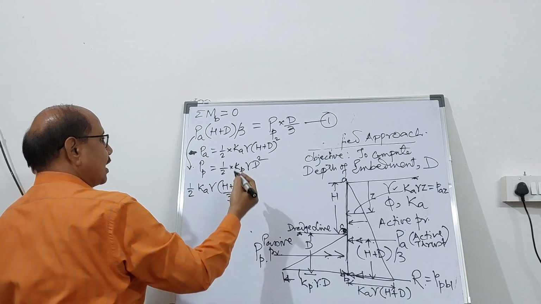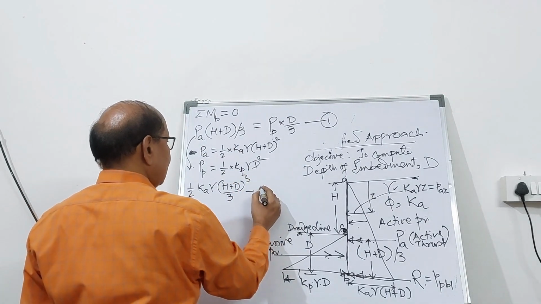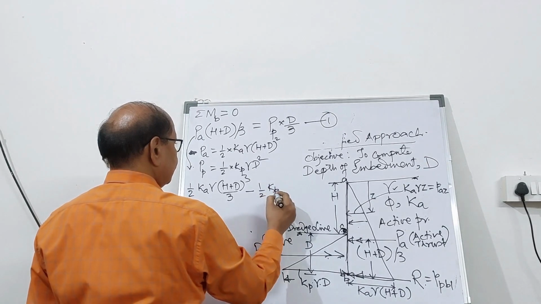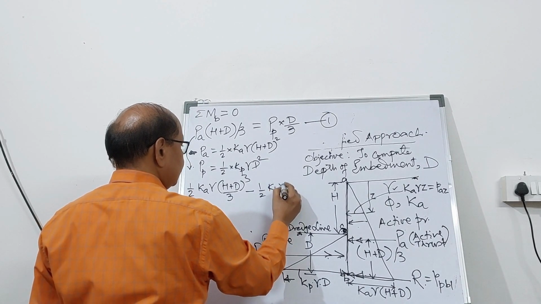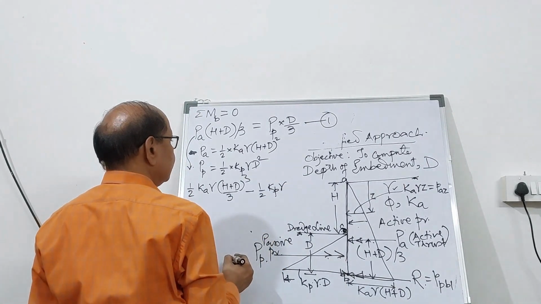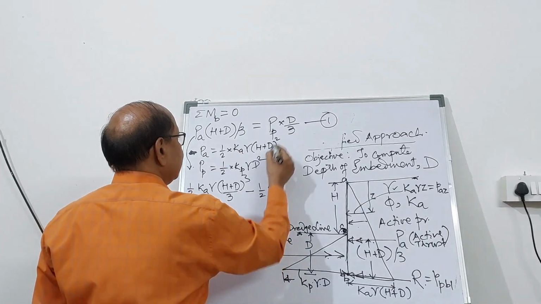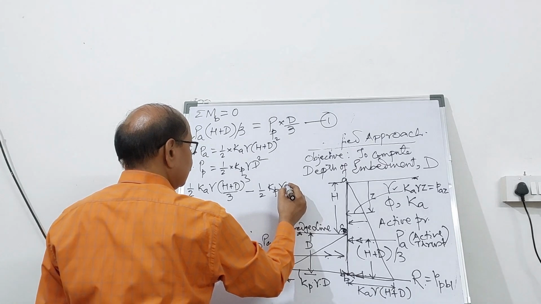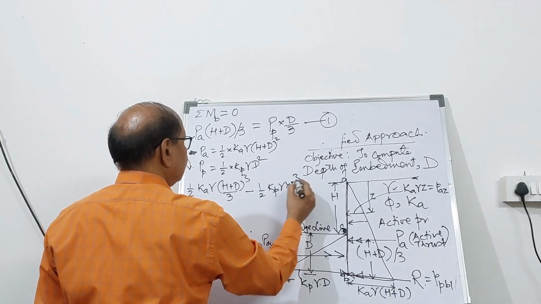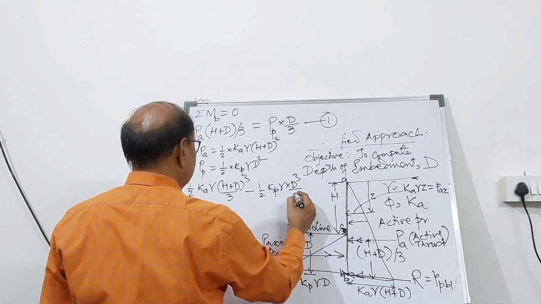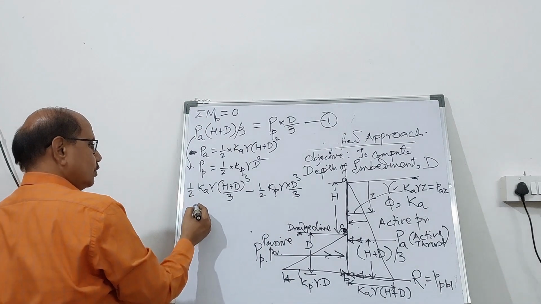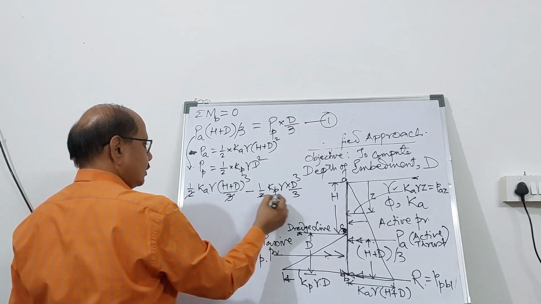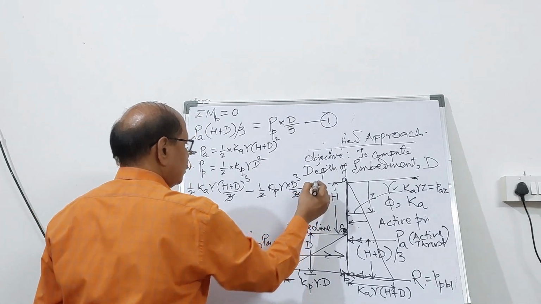And if you take it this side, minus half Kp gamma D square into D, that is D cube, divided by 3, equal to 0.